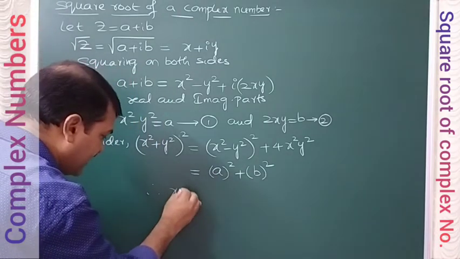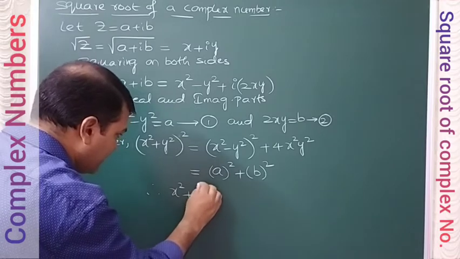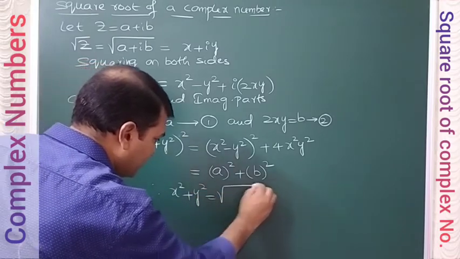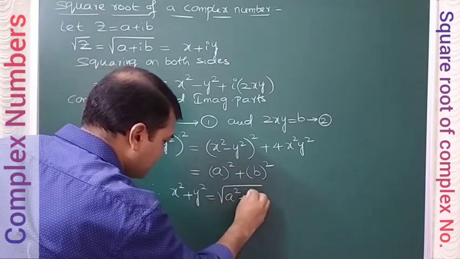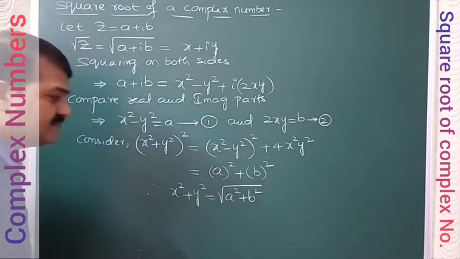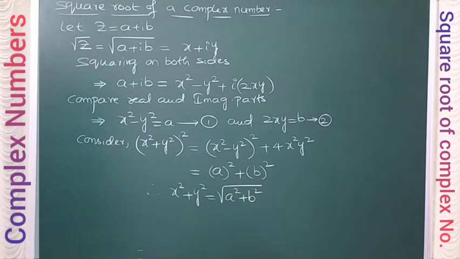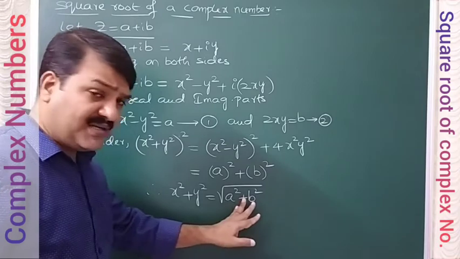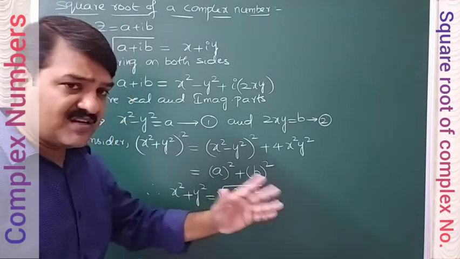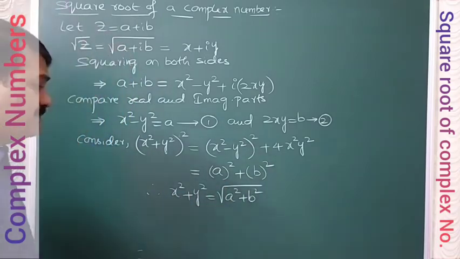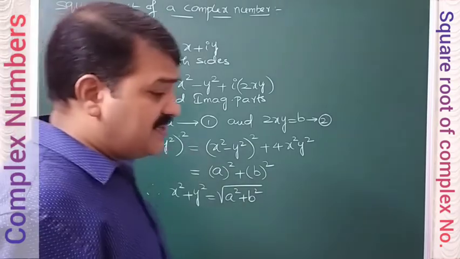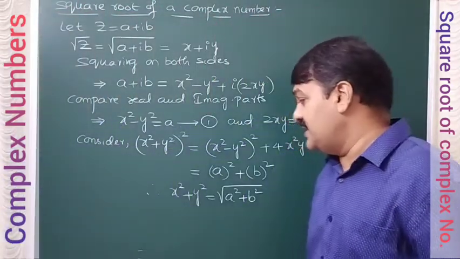Therefore, I will write x square plus y square as under root a square plus b square. Plus or minus we will not take, because x square plus y square cannot be negative.